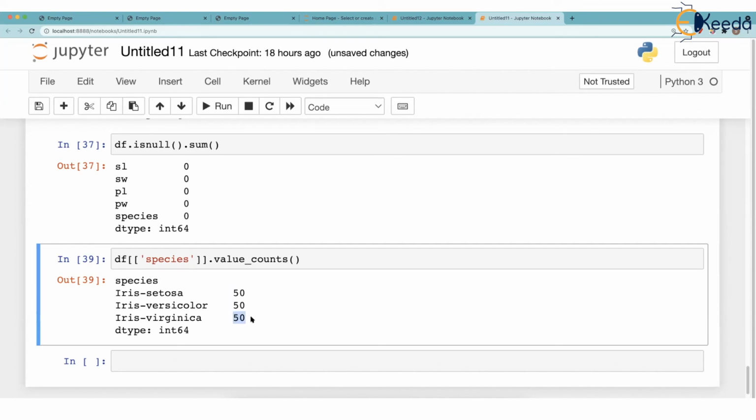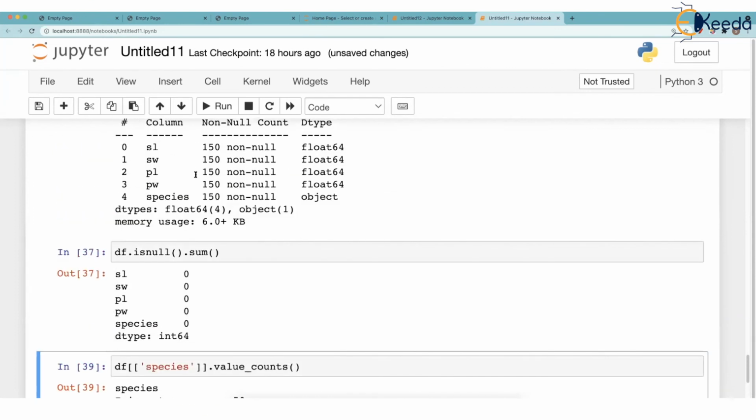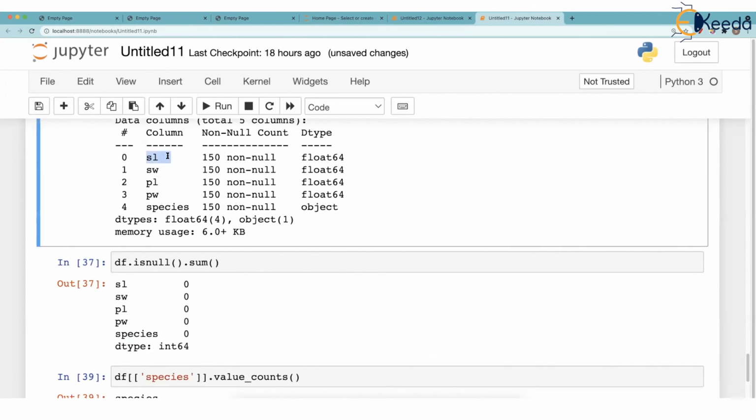That means in 150 rows, 3 types of flowers are there, and all 3 types are magnificently evenly distributed. Exactly 50 setosa, 50 versicolor, 50 virginica flowers we have. But it is meaningless to check it with sepal length. Sepal length is a float value. What value count will you get there? I hope you are understanding.